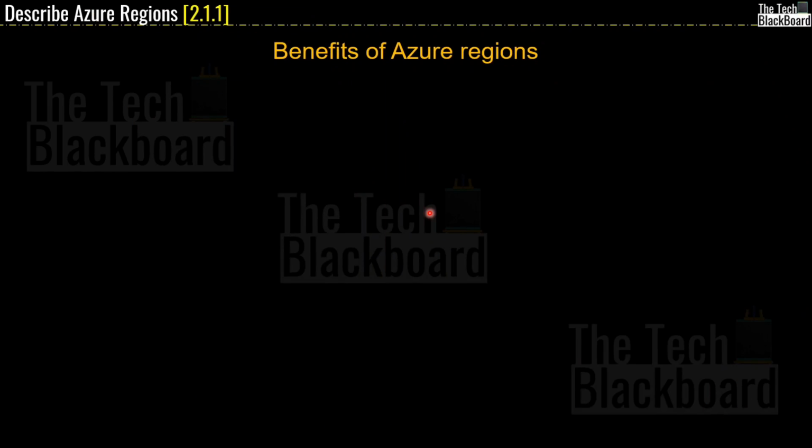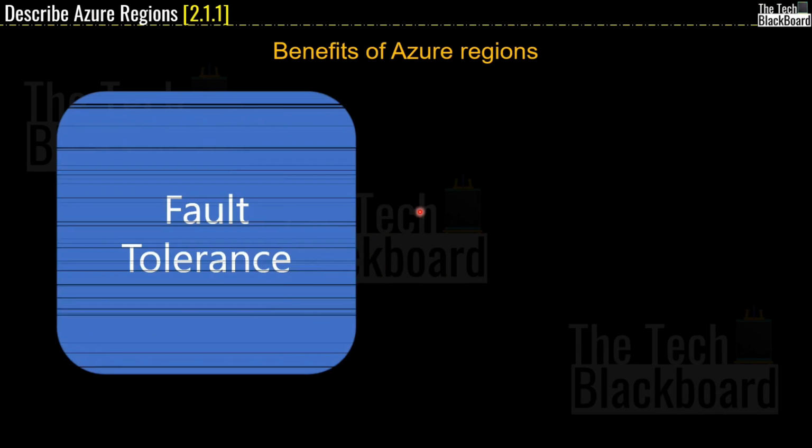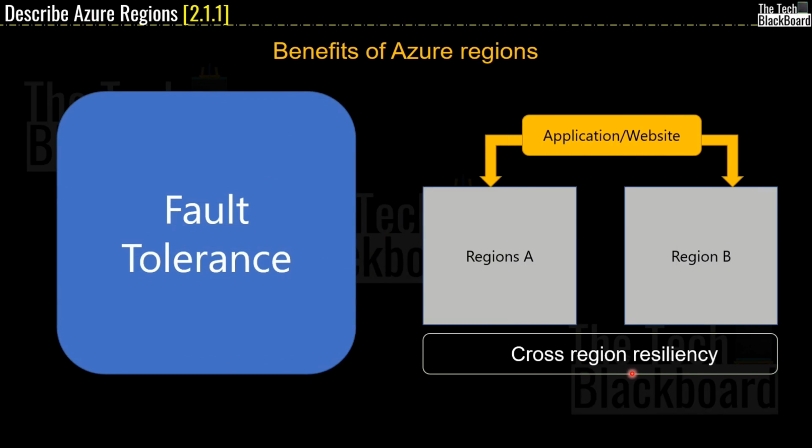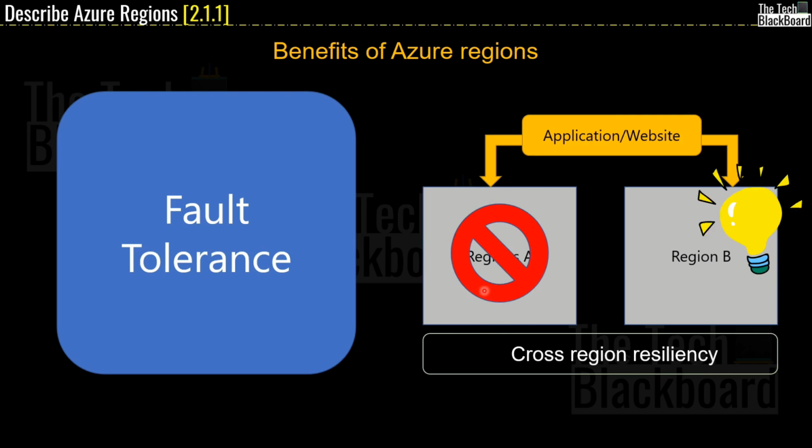The second very important benefit is to provide fault tolerance against failure. This is also called the cross-region resiliency. So in order to make your applications highly resilient, you must deploy them in multiple Azure regions. So even if one Azure region fails, the application is still working from other regions.